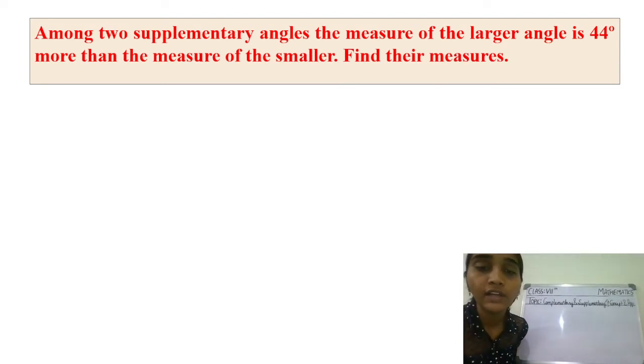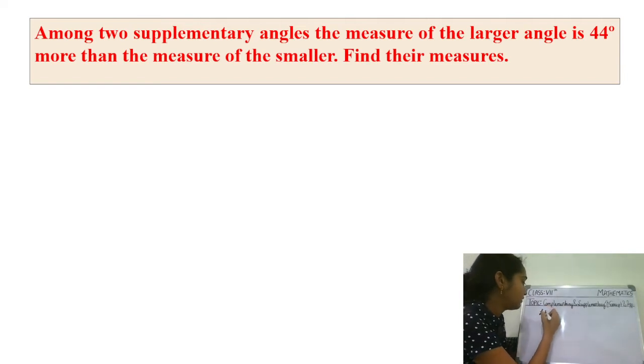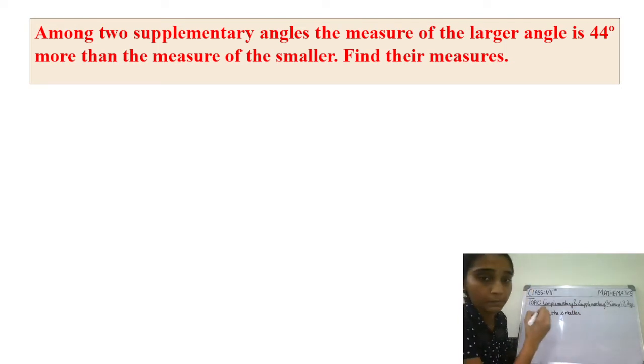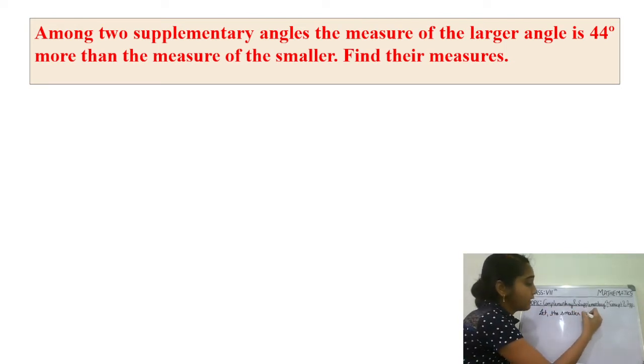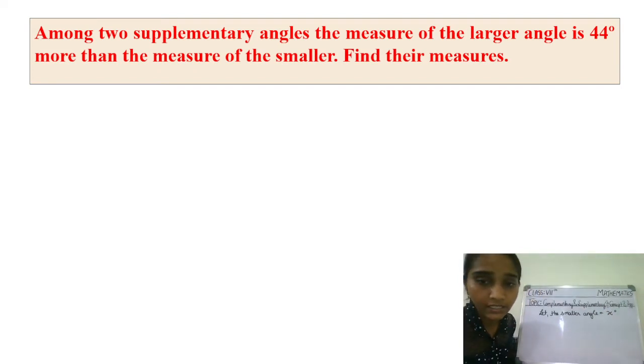Very good. We have to find the measures of two supplementary angles, where the larger angle is 44 more than the smaller angle. So what will we consider first? Let the smaller angle be x degrees. What does it say about the larger angle?